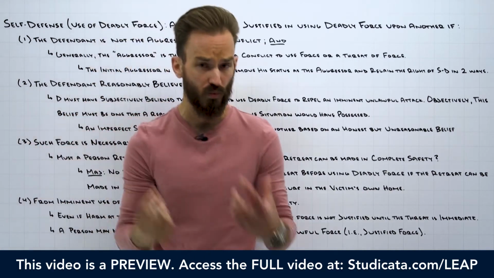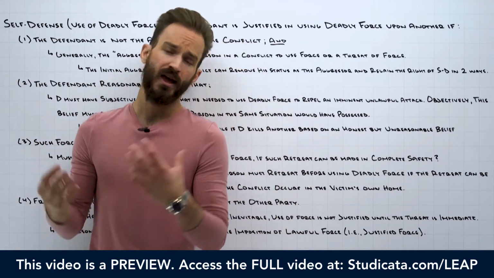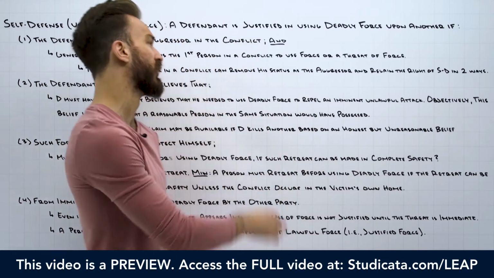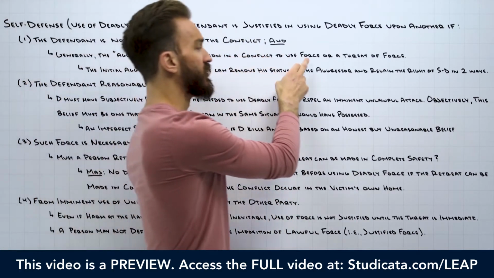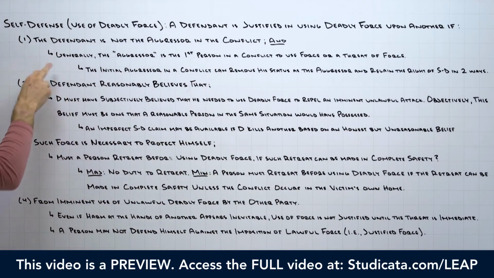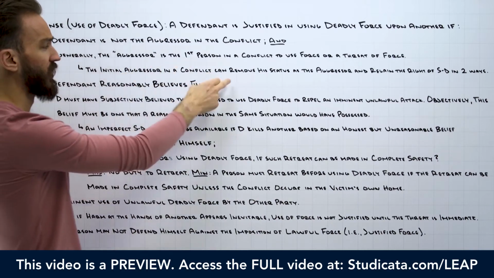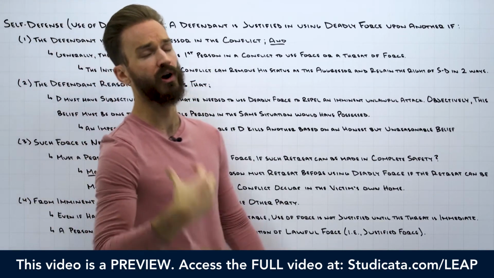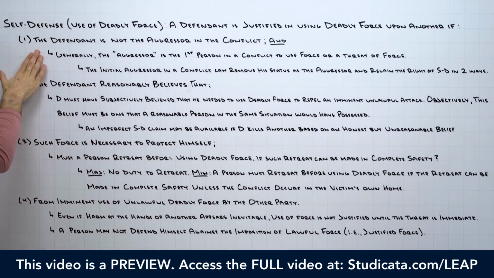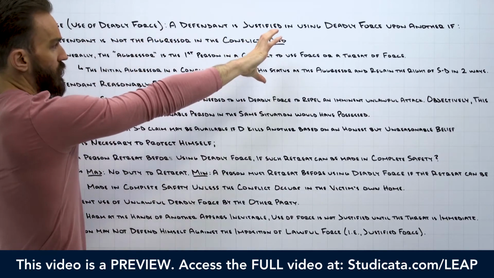If they're just using words, insulting words, in most jurisdictions, words alone are not enough to be an aggressor. It's the first person in a conflict to use force or a threat of force. However, we do know there are two major situations where the initial aggressor in a conflict can remove his status as aggressor and regain the right to claim self-defense. Okay, so this is the first thing we want to go through.